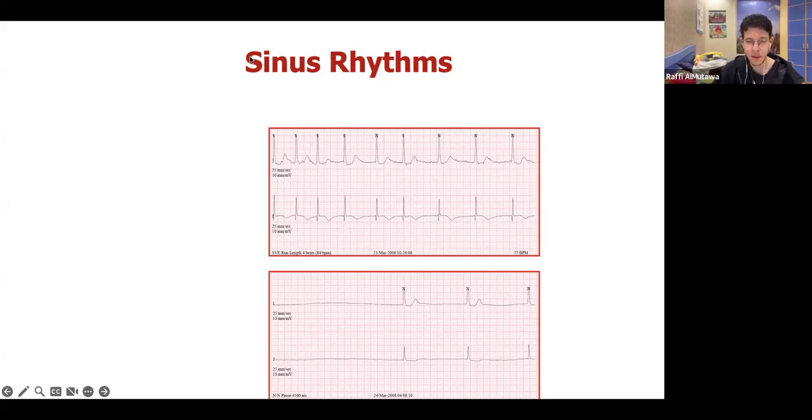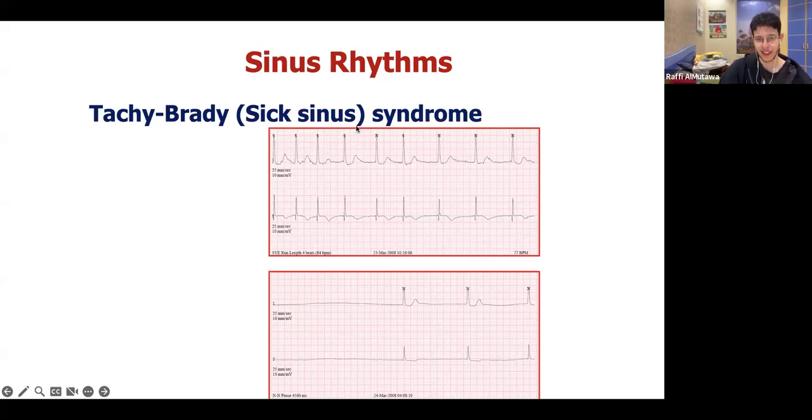Good guess, but no. So this is tachybrady. How did we get to this? Over here, you have periods of tachycardia and then periods of bradycardia. Now, if the patient is not complaining, this is what we would call tachybrady syndrome. But if the patient does have symptoms, we would call this sick sinus syndrome.